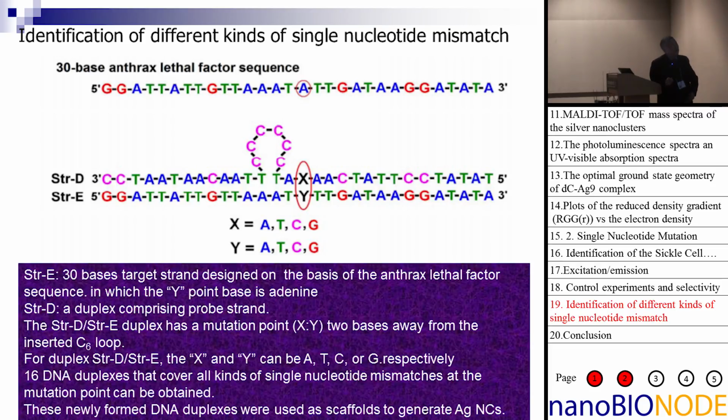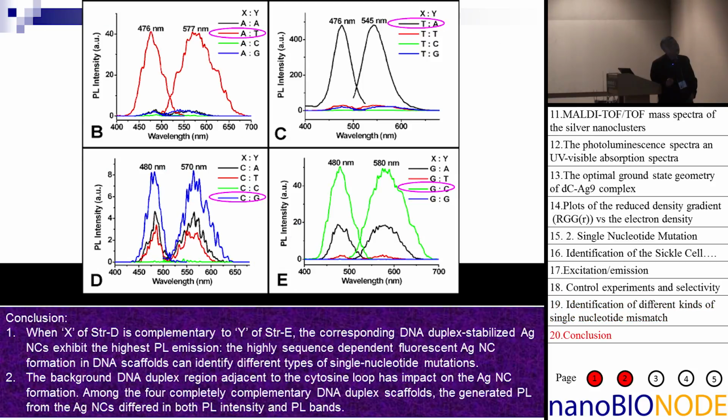For example, if X is A and Y is T, we get this quite significant signal. However, if X is C, CG, it can still differentiate. This is significant, and different from the other cases.